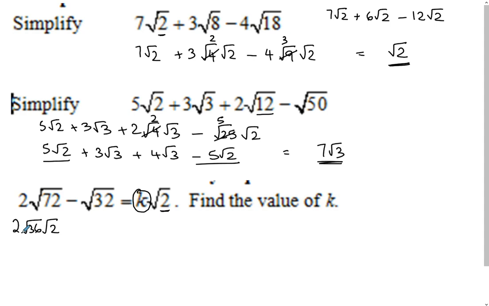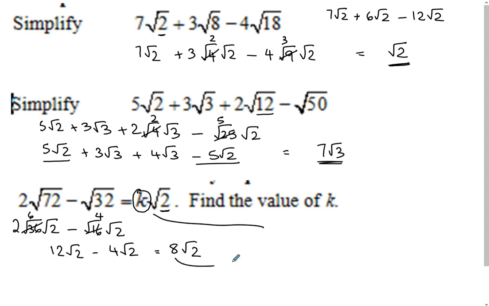Yeah, that simplifies to 6. Okay, and then that will be, oh yeah, surd 16, surd 2. So that simplifies to 4. So then you've got 2 times 6 is 12 surd 2 minus 4 surd 2, which gives you 12 minus 4 is 8 surd 2. So your k is 8. Yeah, so k is 8.